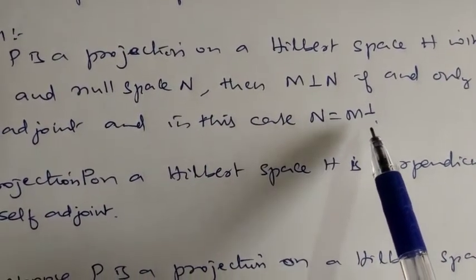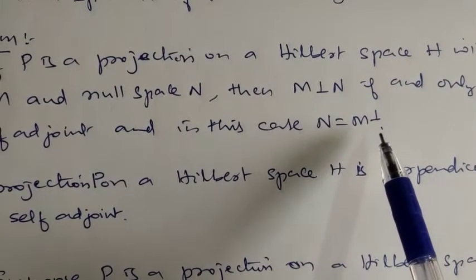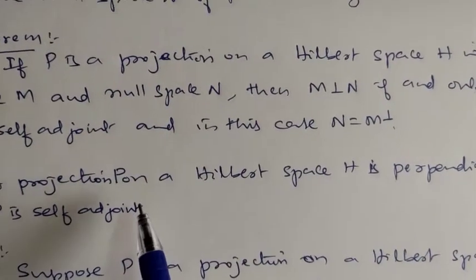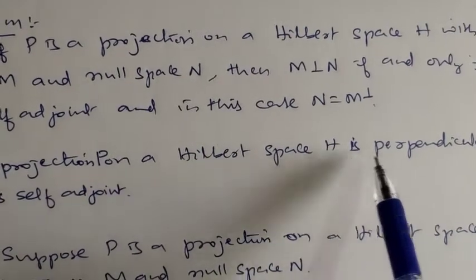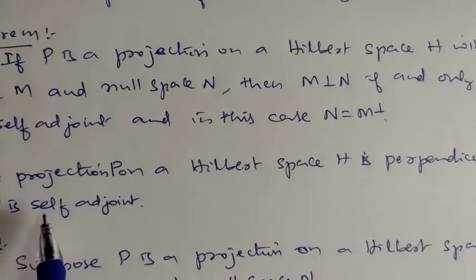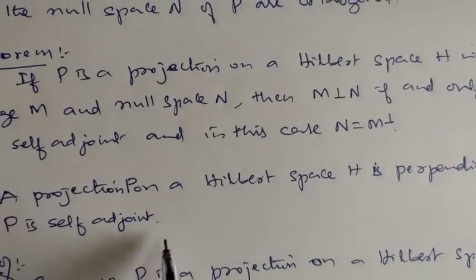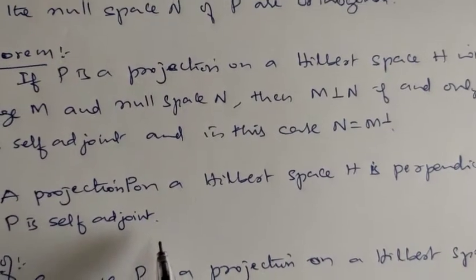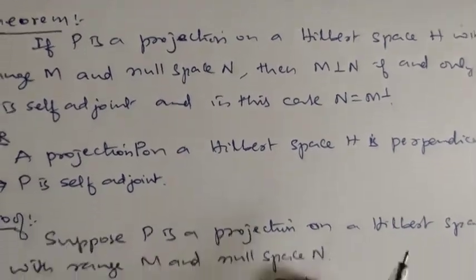Or in other words, a projection P on a Hilbert space H is a perpendicular projection if and only if P is self-adjoint. Let us prove this now.